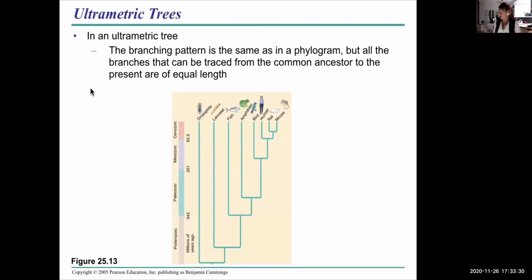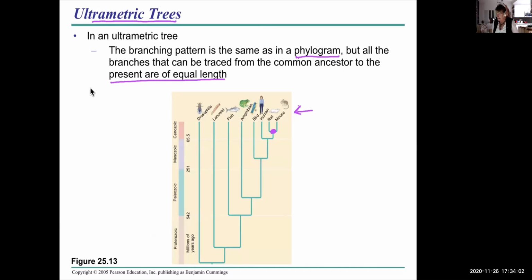But an ultrametric tree gives you a pattern that's the same as the phylogram, but the branches can be traced to a common ancestor. And they're of equal length, because what we're looking at here is not the differences in DNA in a quantitative way, but we're looking at the differences that lead to a common ancestor sometime in the past.